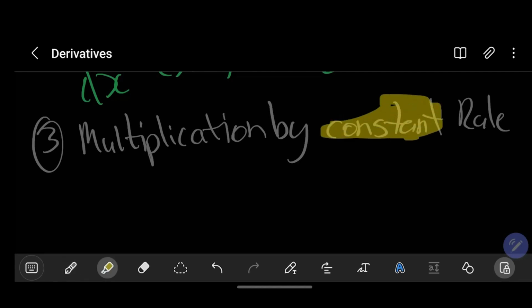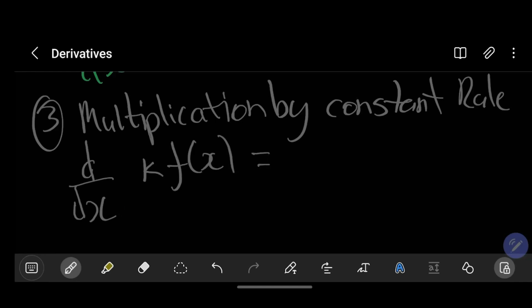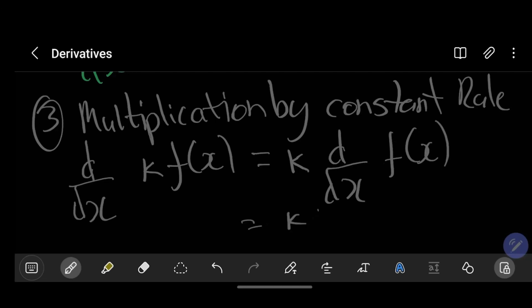This basically says that if you have to find d/dx of k, a constant k, times f(x), this is equal to, we pull out the k, so it's k times d/dx of f(x). Or we can write it as k f'(x). These two are the same. So quite important.